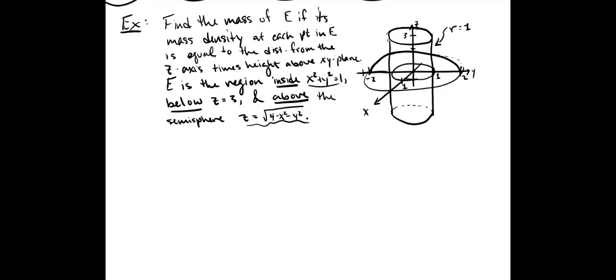Right, here's my semisphere. It's coming up. It looks a little oblong, but think of that as being a part of a sphere. There's the rest of it down below. And maybe that'll help. There we go. And we're saying E is the region that's above that. E is the region below the z equals 3 plane, but above the semisphere. It's that stuff in there.